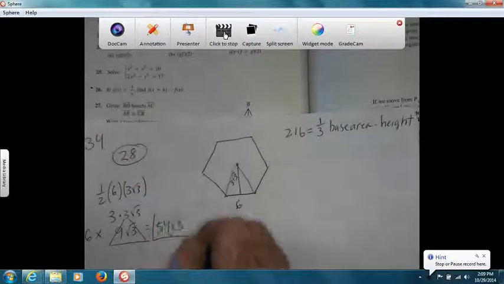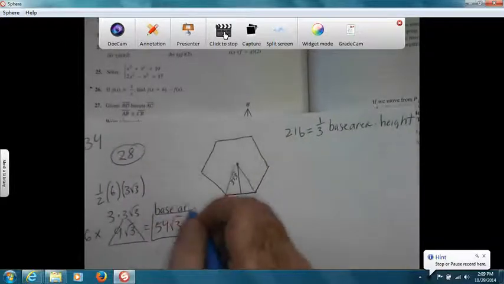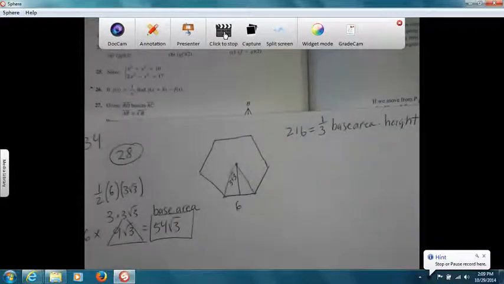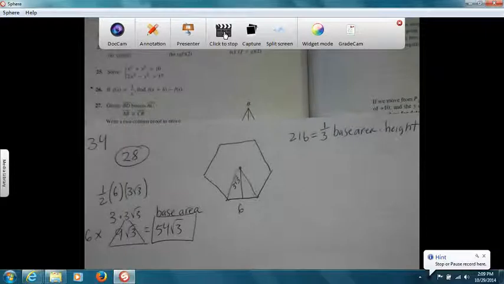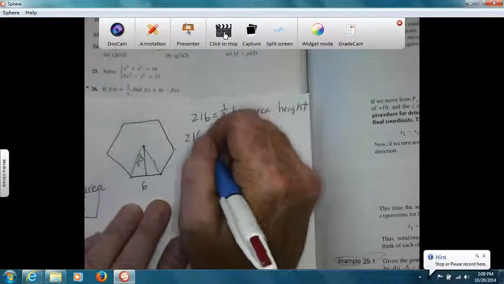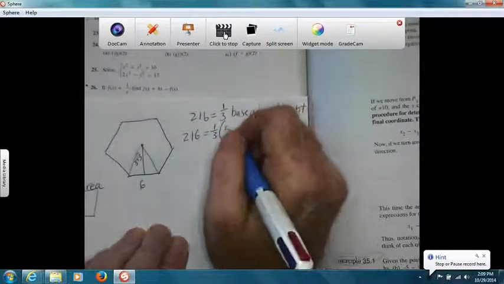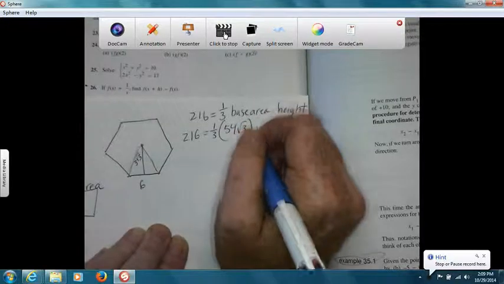I'm going to write base area because this is a long problem and I might need to look it up again. The base area is 54 root 3. I can also write that into my formula: 216 equals 1/3 times 54 root 3 times the height.